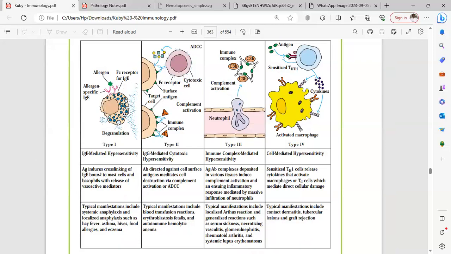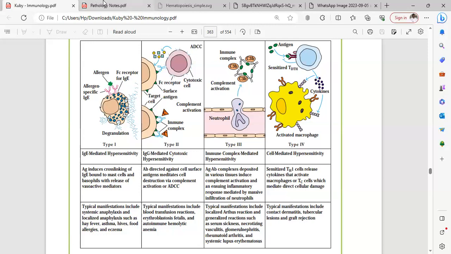As a summary, the antigen induces cross-linking with the IgE on the mast cells and basophils, as we have seen in the last statement, which release the vasoactive mediators that lead to the symptoms of asthma.